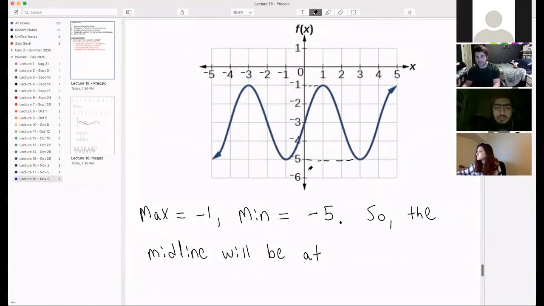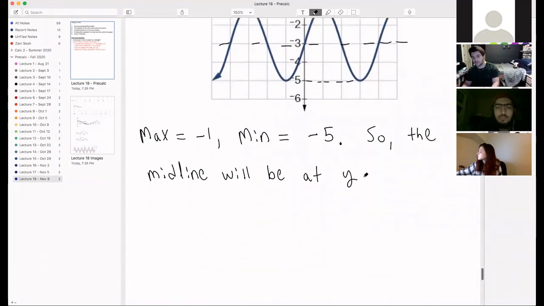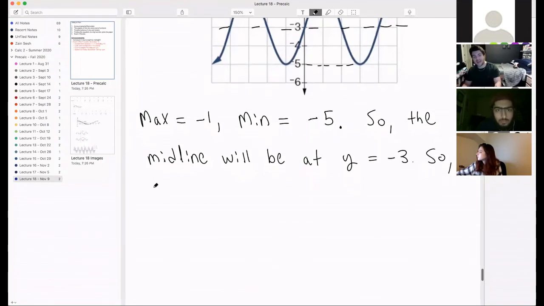Well, that's just going to be -3. That's precisely halfway between -5 and -1. So here is that midline. I'm just going to do a dotted line at it. It'll be at y equals -3. So capital D is exactly -3.